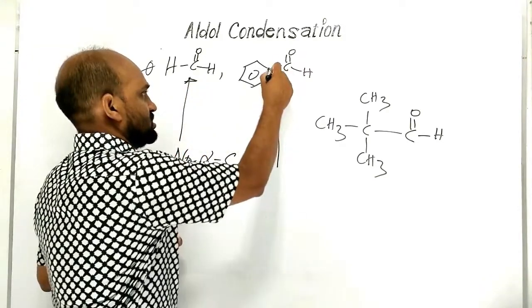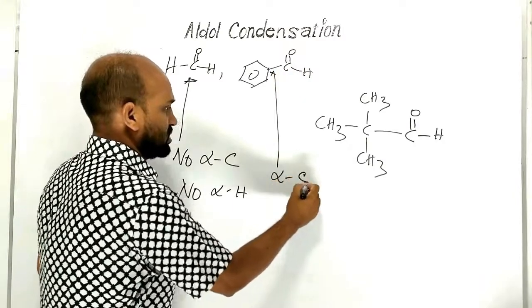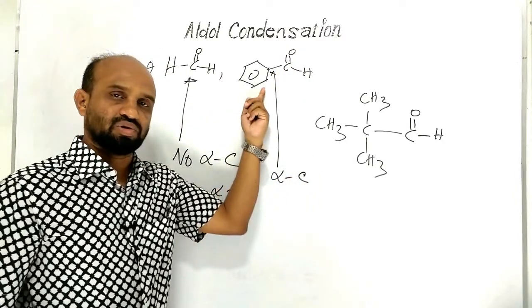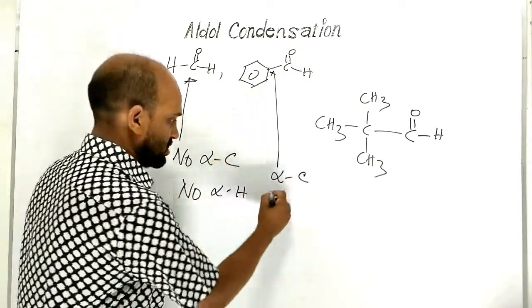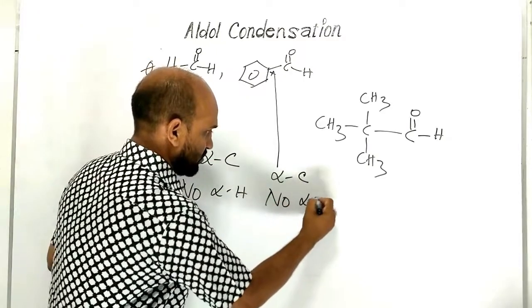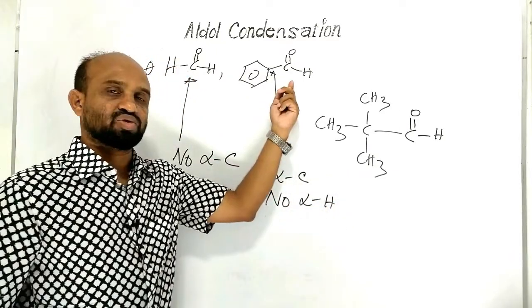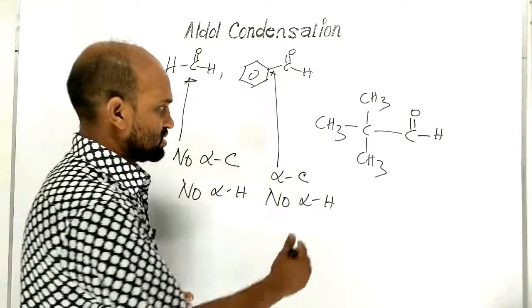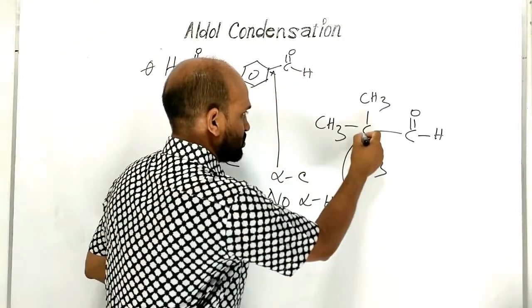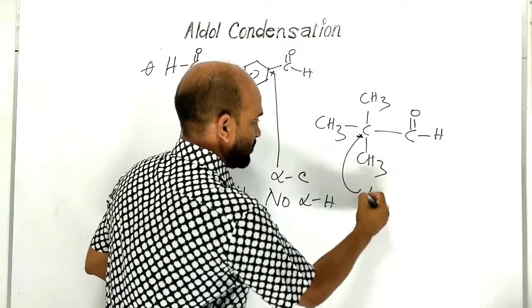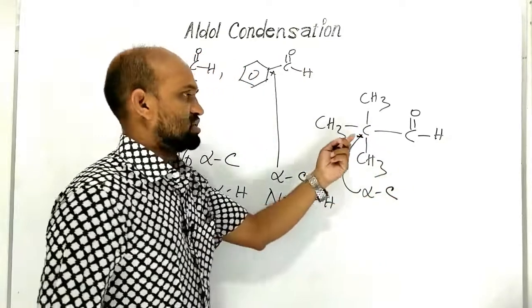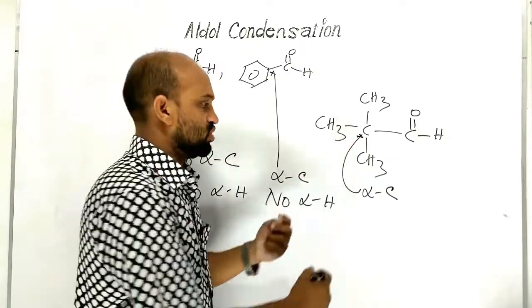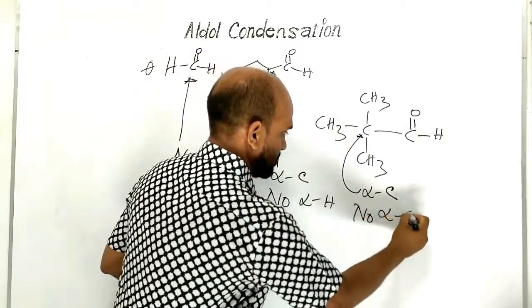Here this is the alpha carbon, but in this carbon there is no hydrogen. As there is no alpha hydrogen, this compound doesn't undergo aldol condensation. This is another compound. This is the alpha carbon, but in this alpha carbon, no alpha hydrogen.